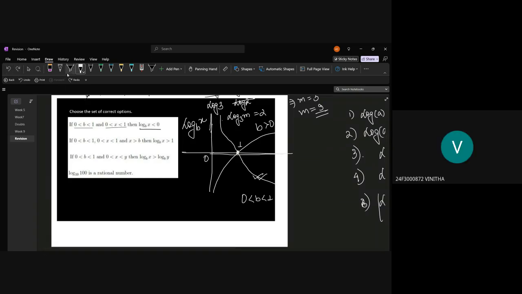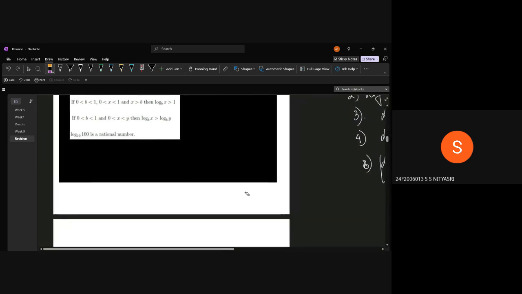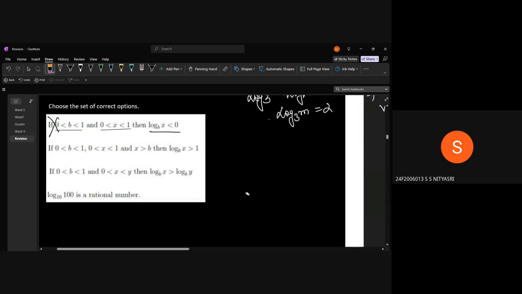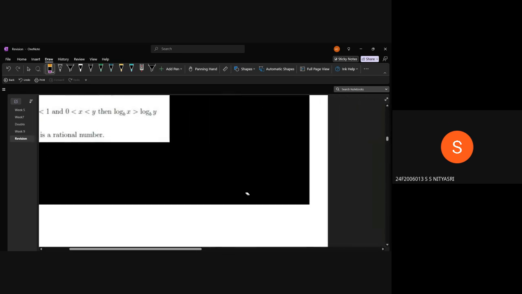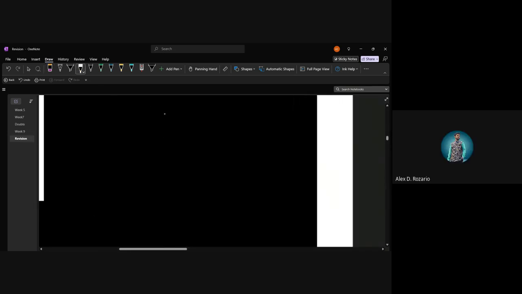Okay, sir, will you draw the diagram again? Because it's not clear. I have drawn the diagram. Are you able to see it? Is my screen visible to you guys? Yes, it's visible, but it's not clear. So can you please explain again? Or sir, you can graph that in Desmos and just copy and paste it here. It will be better.